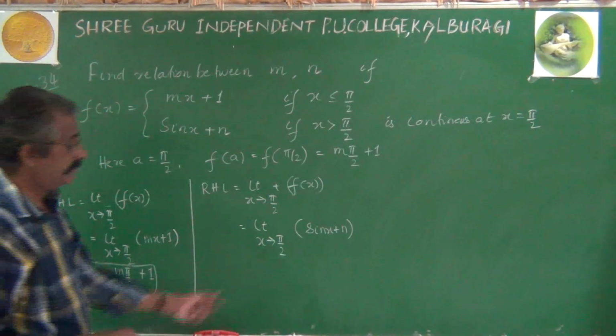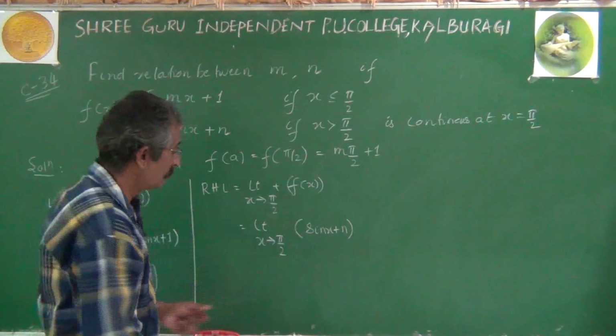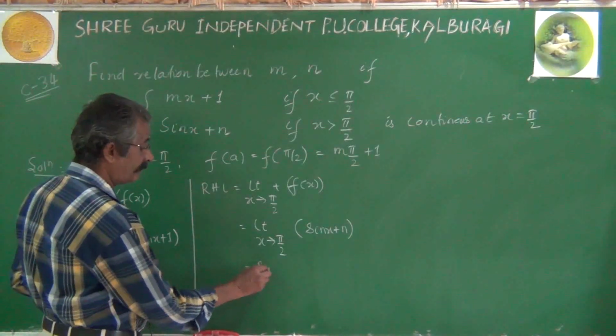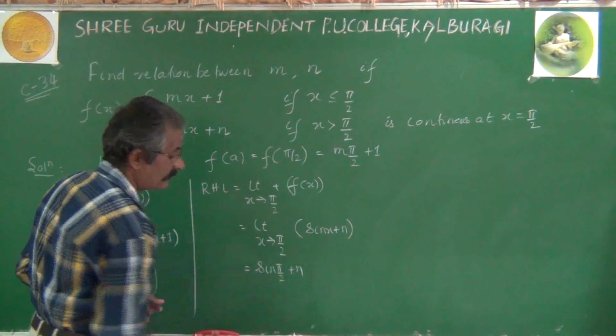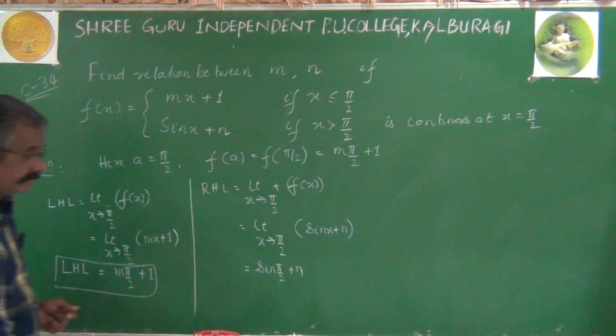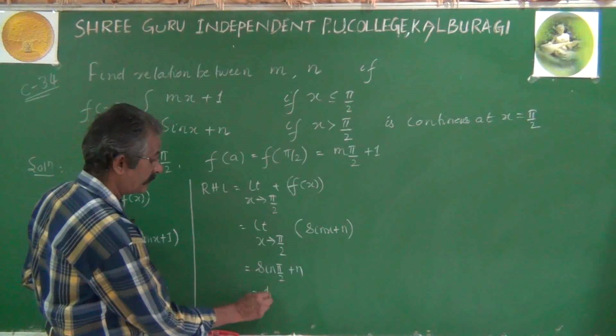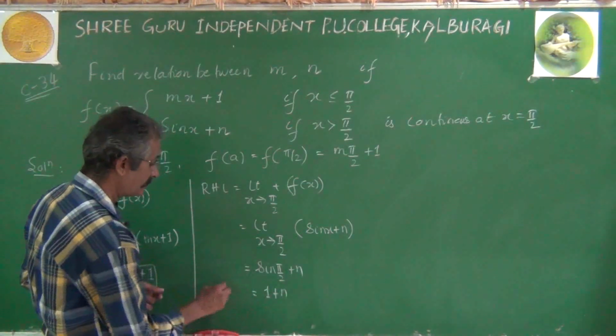Now replace x by pi by 2. It becomes sin pi by 2 plus n. But sin pi by 2 is 1, so the total becomes 1 plus n. This is RHL.